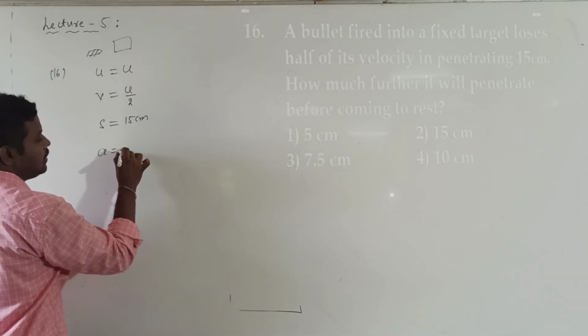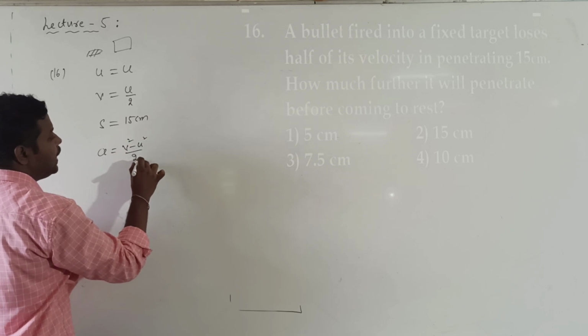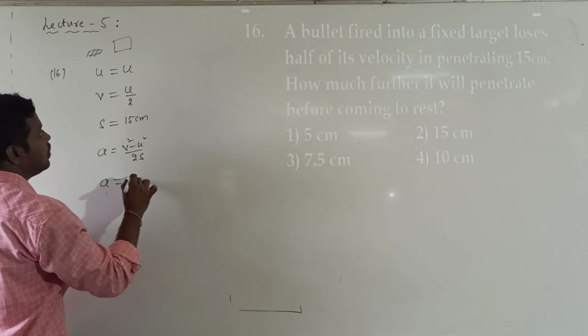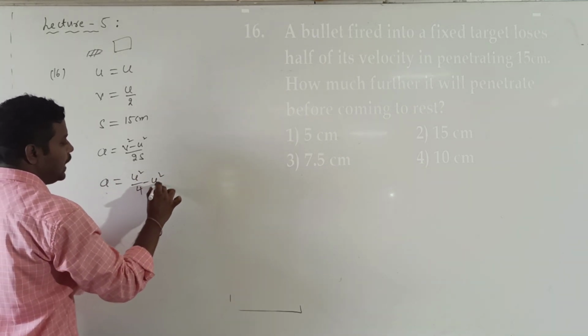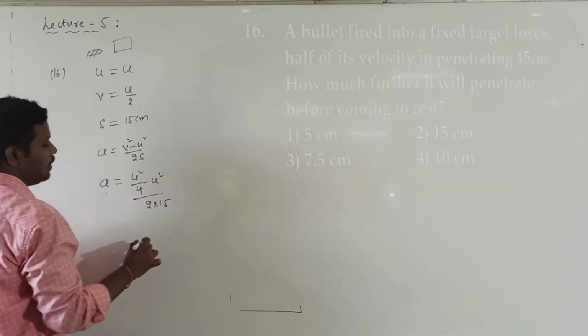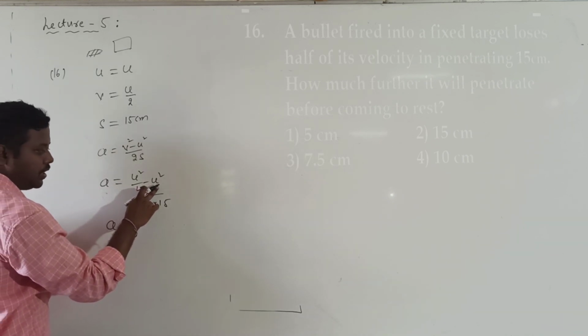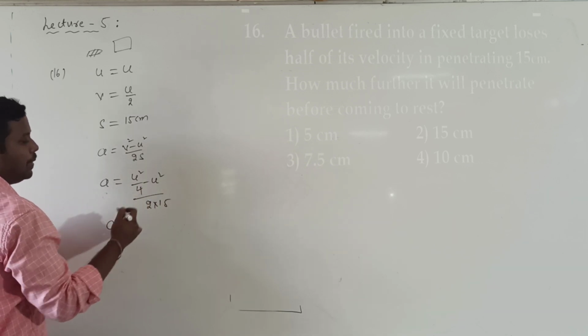So what is the acceleration value? Retardation formula, V square minus U square by 2 into S. Then A value is given by, V square is U square by 4 minus U square, divided by 2 into S, S value will be given as 15 centimeters. Then what I get is, u square by 4, LCM is 4, u square minus 4u square. Here retardation will get minus value.